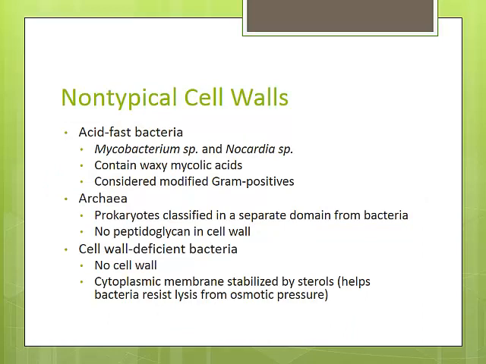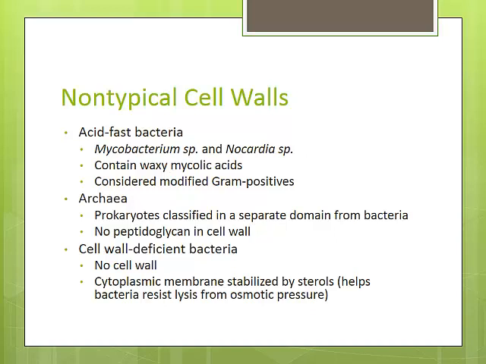So just because we have 2 main types doesn't mean we don't have other strange things happening in the microbial world. We also have what we call non-typical cell walls. So acid-fast bacteria are some of those non-typical cell walls. We don't really consider them to be gram-positive or gram-negative per se. We consider them to be acid-fast.